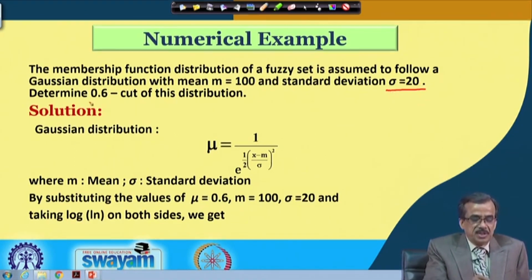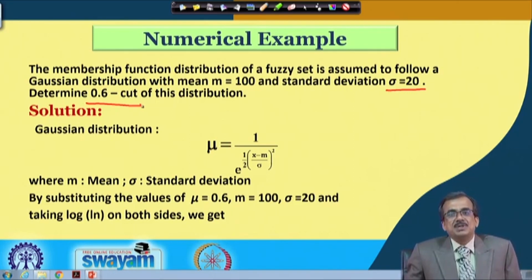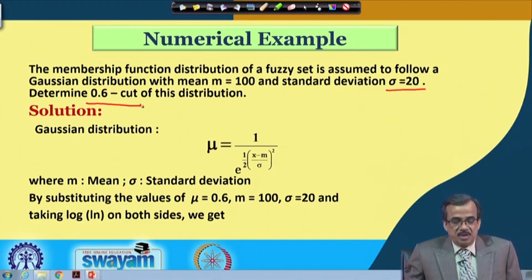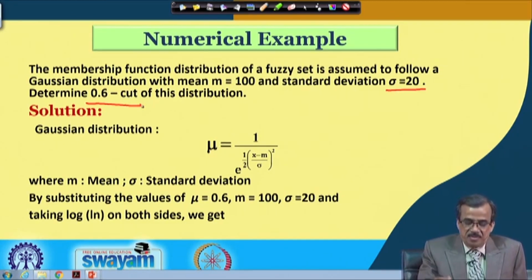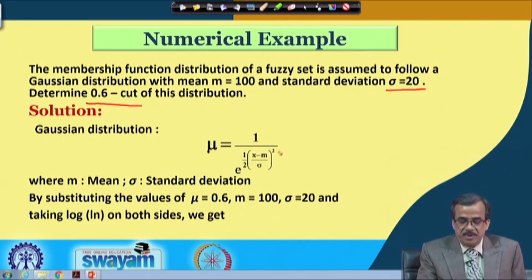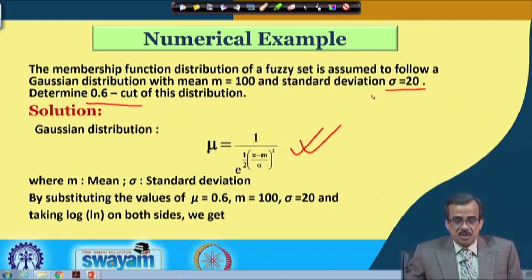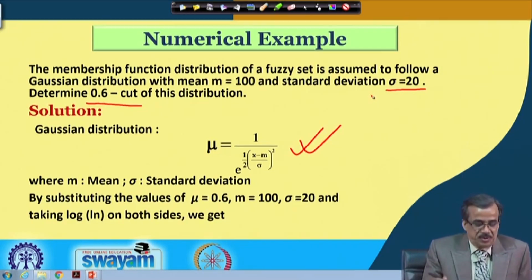Now, determine the 0.6 cut of this distribution. So, I have got a membership function distribution which is Gaussian, whose mathematical expression is mu equals 1 divided by e raised to the power half times (x minus m divided by sigma) squared. So, this is the membership function distribution for this Gaussian distribution.